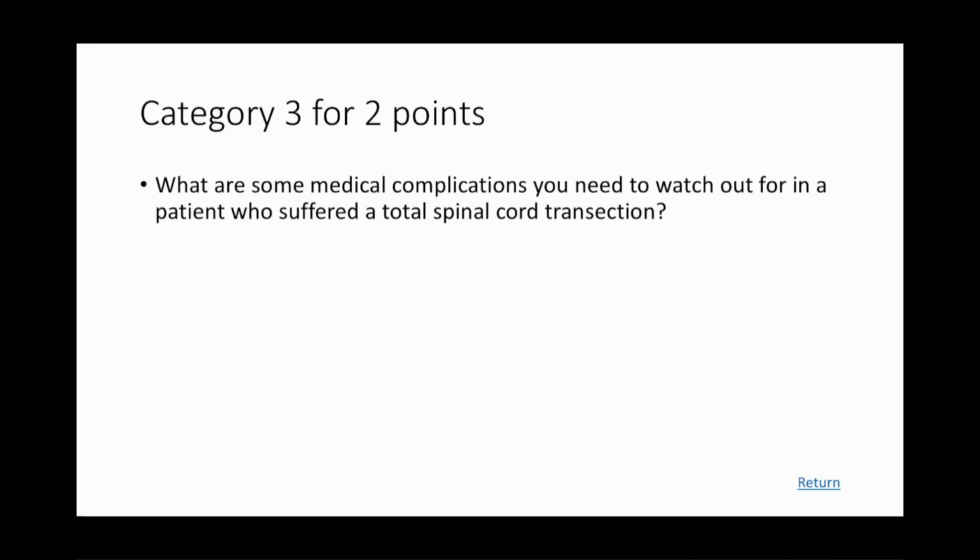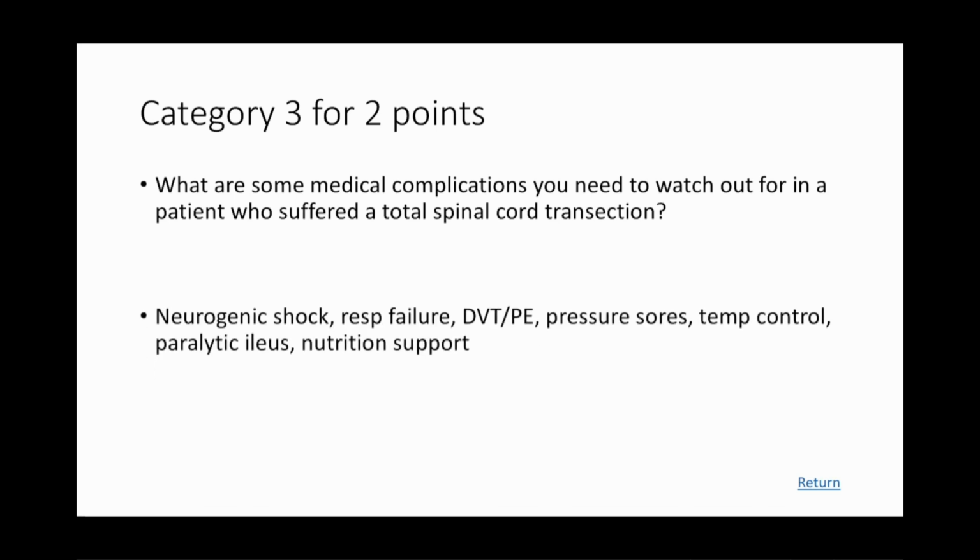What about breathing? What about eating? Okay, if they can't swallow, they can't eat, eventually you have to worry about J tubes or G tubes. What about vital signs? We mentioned breathing. What about just everything else? So neurogenic shock is that big one. And then remember what kind of shock it is. Distributive shock.